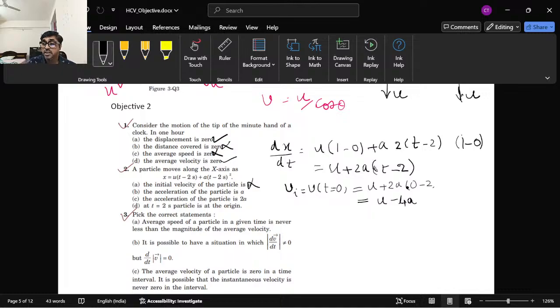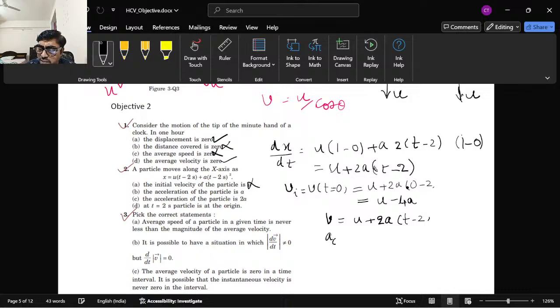Now the acceleration of the particle. So what do I do? We can further differentiate it. First let's write v equal to u plus 2a into (t - 2). Acceleration meaning differentiate.